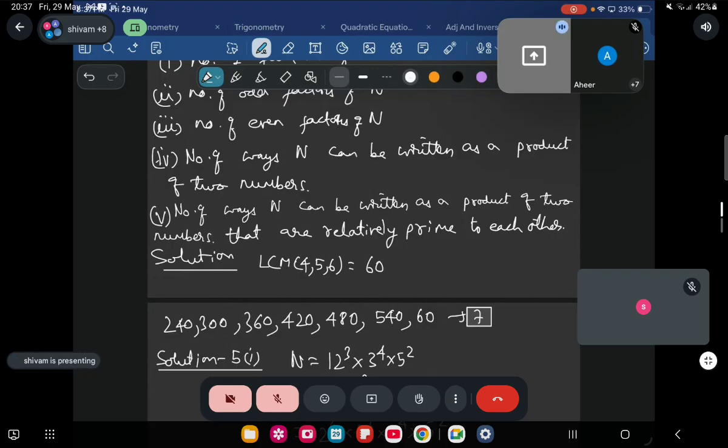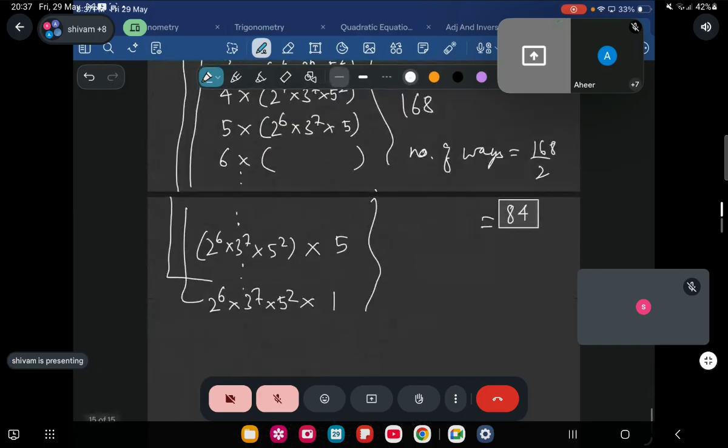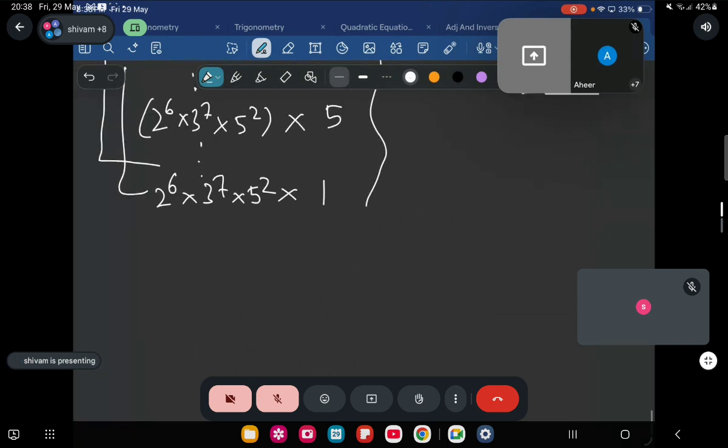So we need to find out the number of ways in which n can be written as a product of two numbers which are relatively prime to each other. Okay. Pay attention. One way to write it, see, let us say that there are three shops.